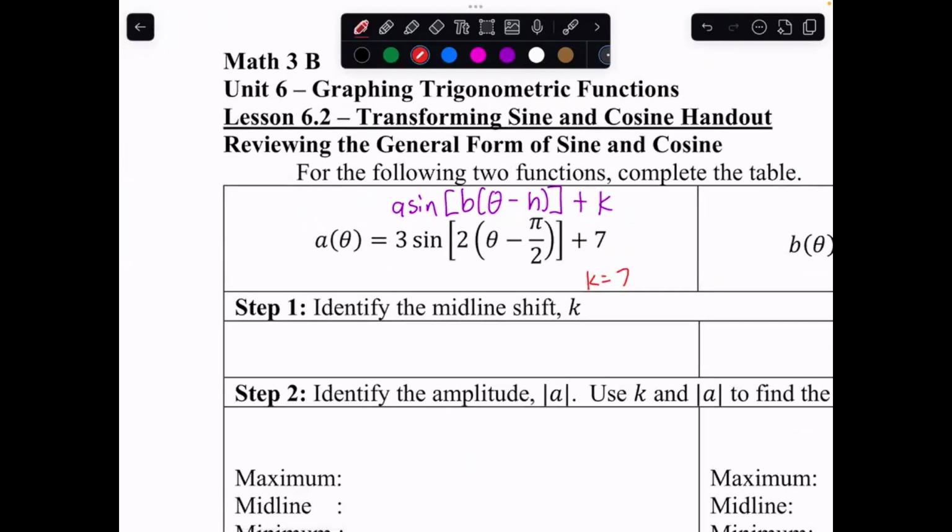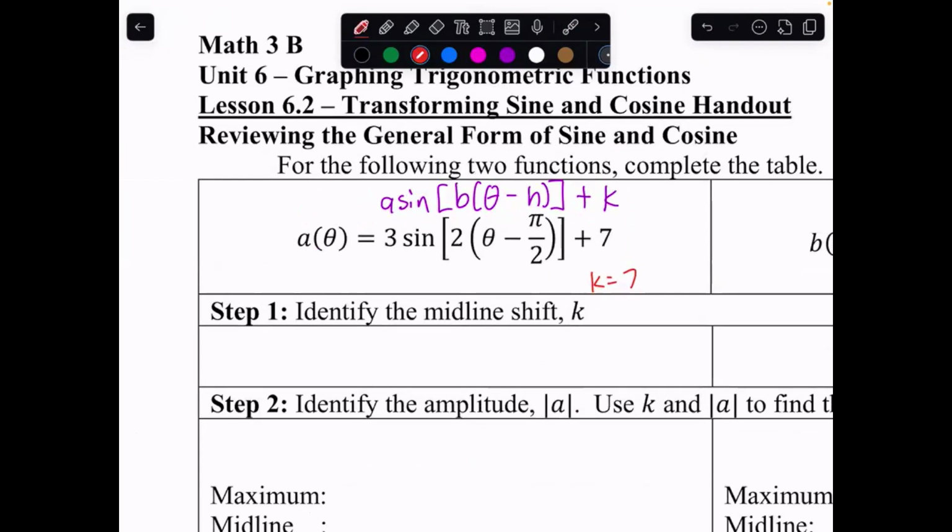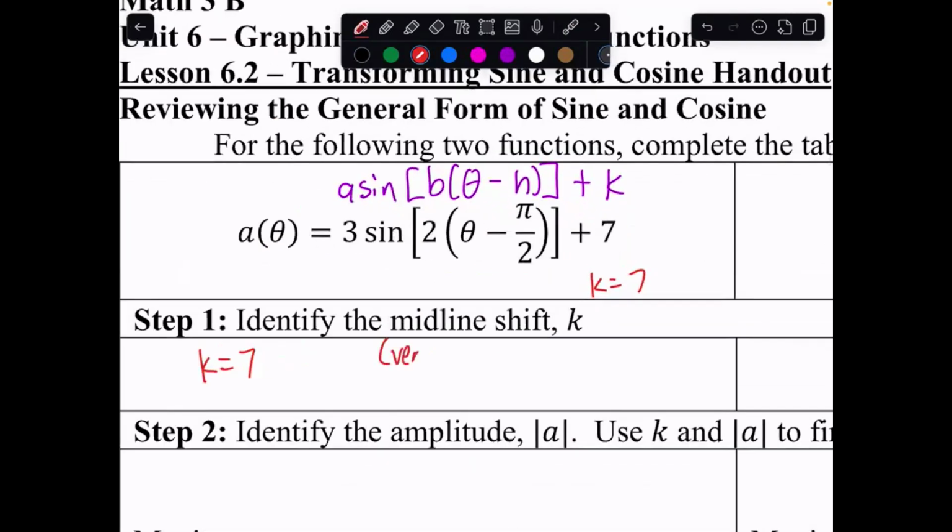Since k is 7, the midline shift is what we typically call a vertical translation. For trigonometric graphs, we use the term midline shift instead.